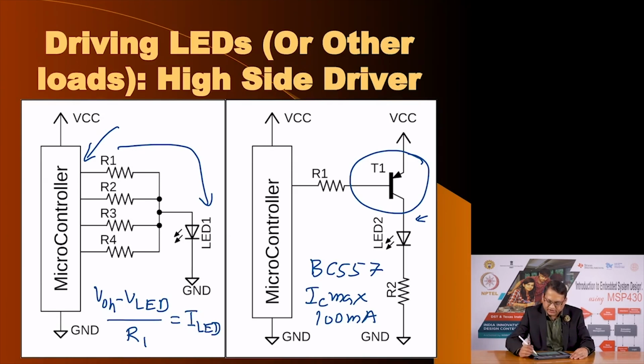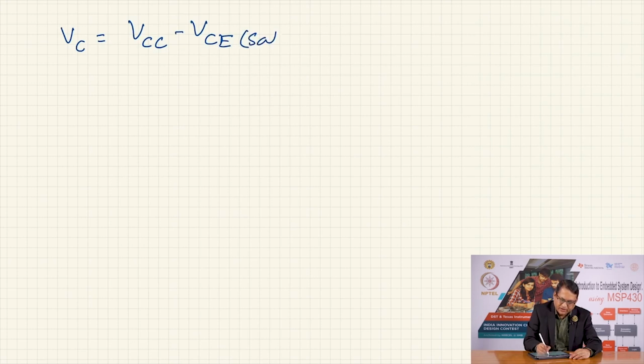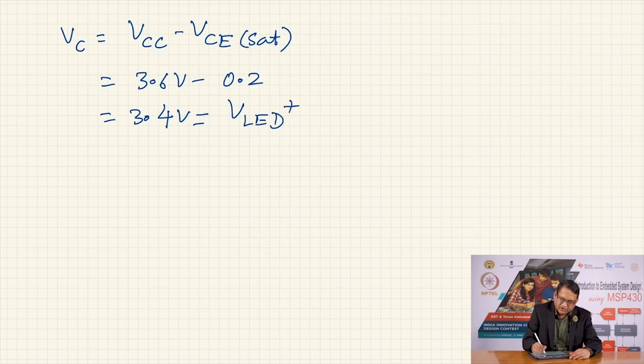Let us go through the equation here again. When the transistor is saturated, the collector voltage Vc is equal to Vcc minus Vce sat, and we can assume the same voltages. Here Vcc is say 3.6 volts and Vce sat is say 0.2 volts. So, the collector voltage will be equal to 3.4 volts, which is equal to VLED, the voltage drop across the LED, plus the voltage drop across the resistor, in this case VR2.